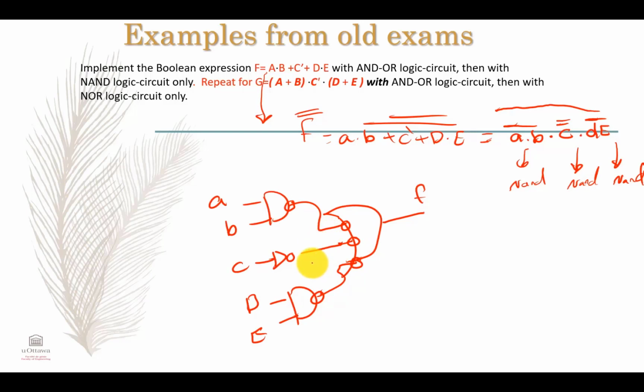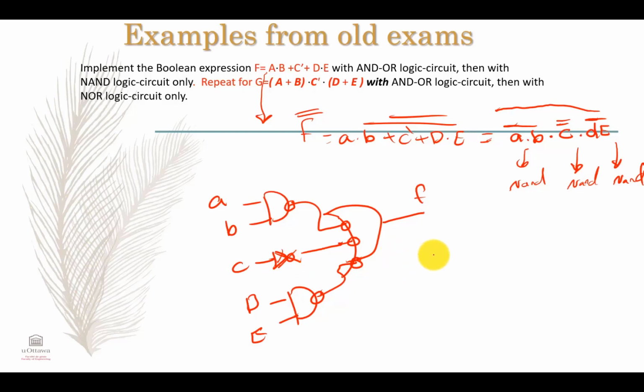And then I have to check the logic gates on the lines coming from input and going to the output. So basically, this C is inverted once and then inverted again, this is a prime and this is a double prime, so I will get C. So I have to ignore this.